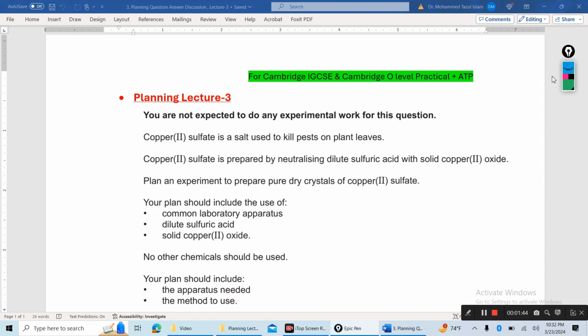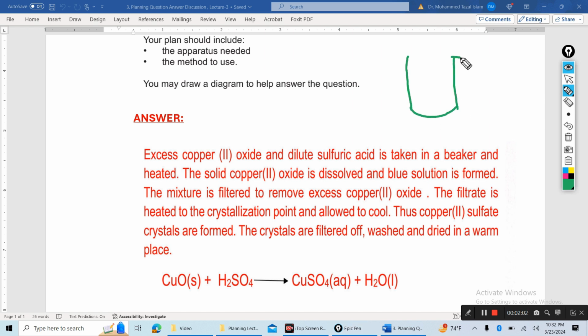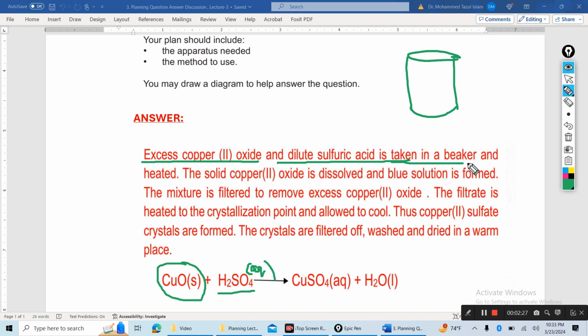Now you see what you will do. At first you will take a beaker, then excess copper 2 oxide, CuO, and dilute sulfuric acid, aqueous, is taken in a beaker and heated.